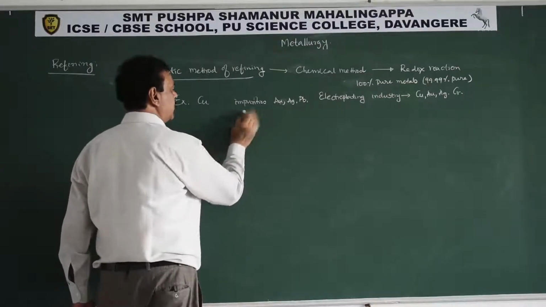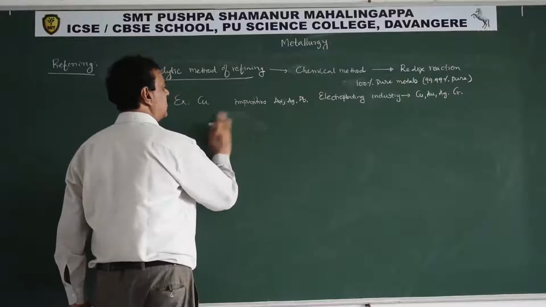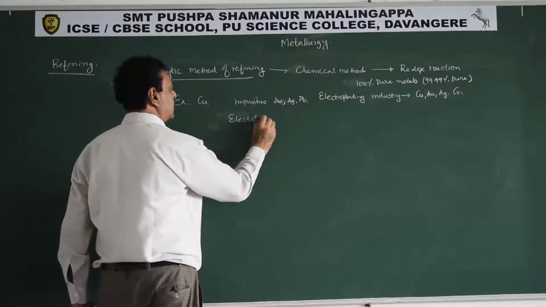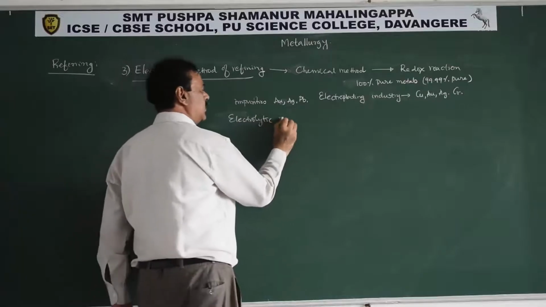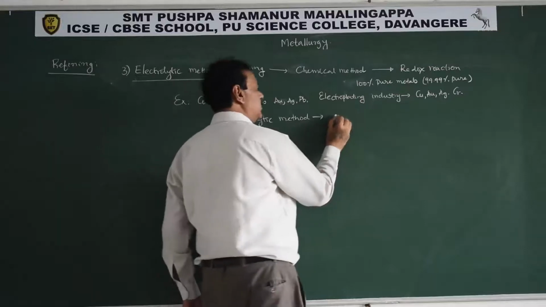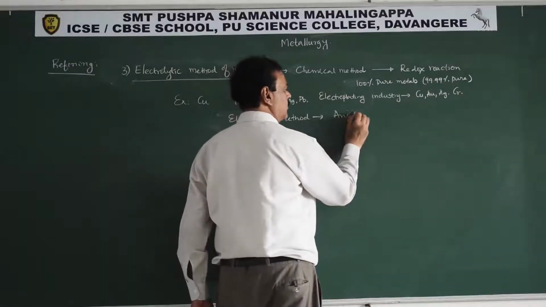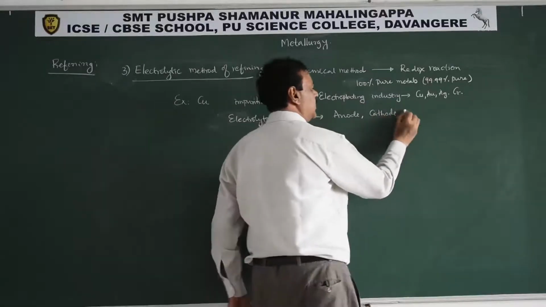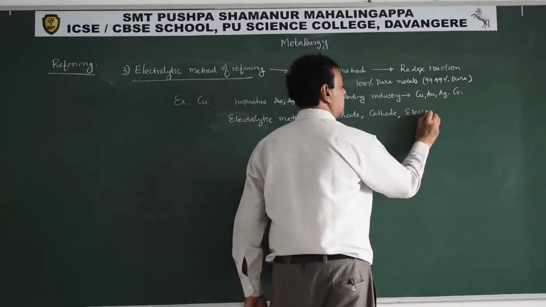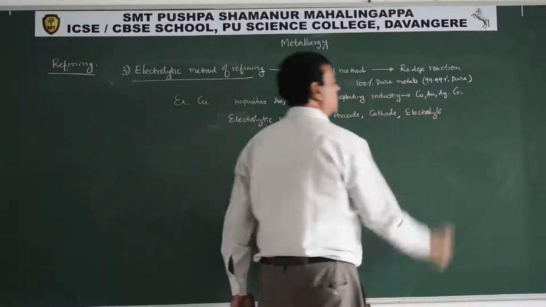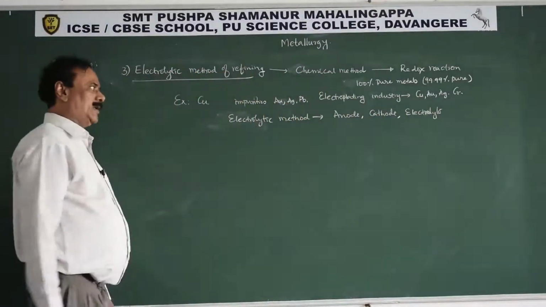The electrolytic method always requires one anode, one cathode and one electrolyte.